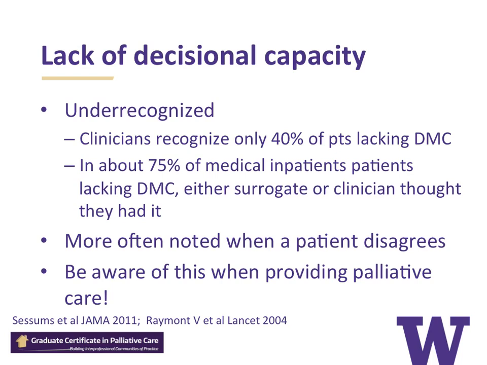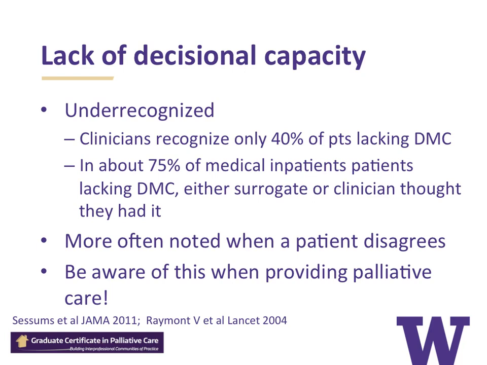In one study of medically ill inpatients lacking capacity, their medical team thought they had capacity in over 75% of cases, and their closest relatives also thought their loved one had capacity in over 75% of cases. Of note, clinicians tend to be better at recognizing decisional incapacity when patients disagree with our recommendations. We tend to assume that people who are agreeing with us have capacity.